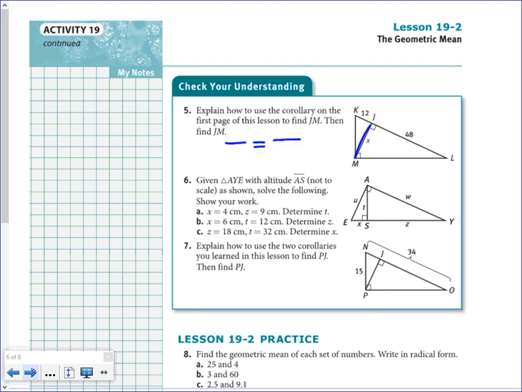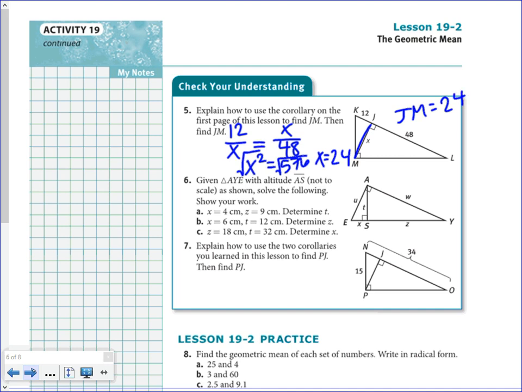Our altitude is x. So x is our geometric mean, and it's the geometric mean of 12 and 48. So then all you need to do is solve for x. So cross multiply. x squared equals 576. Take the square root, and you have that x is 24, which means Jm is 24.